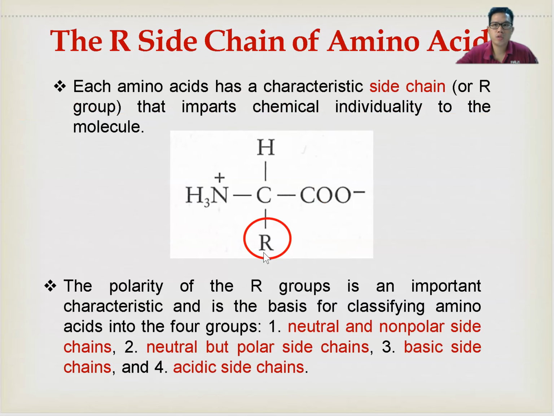Usually in this case, the basic side chains are amino groups, either NH2 or NH3 plus. The acidic ones are either COOH or COO minus. These are the two common basic side chains, and this is the common acidic side chain.